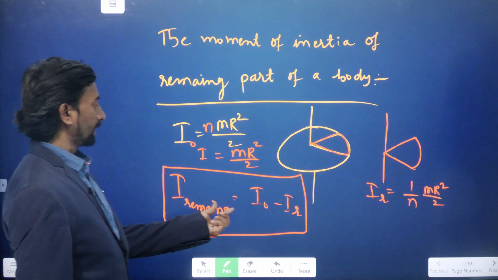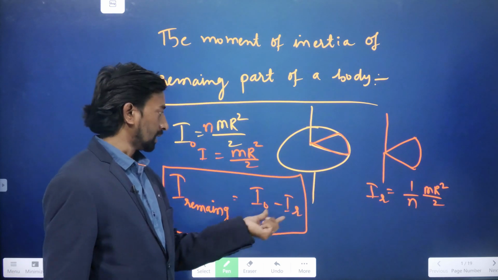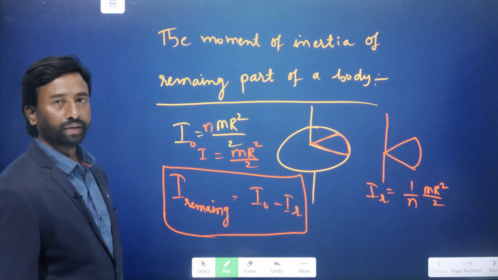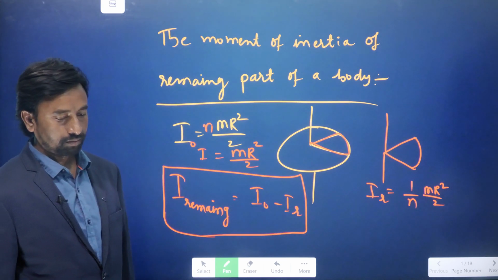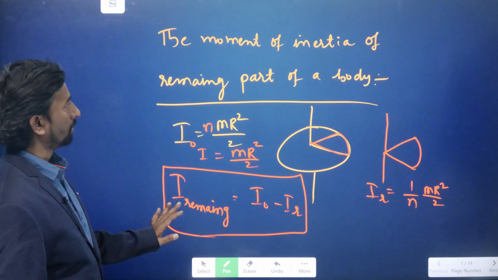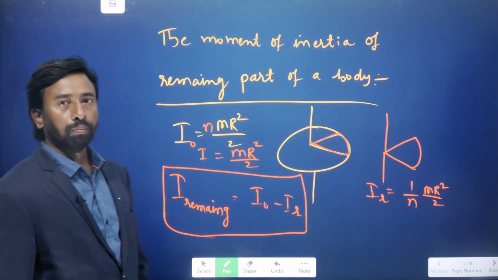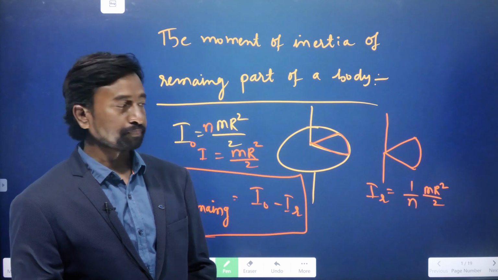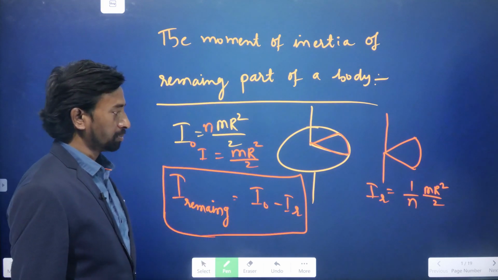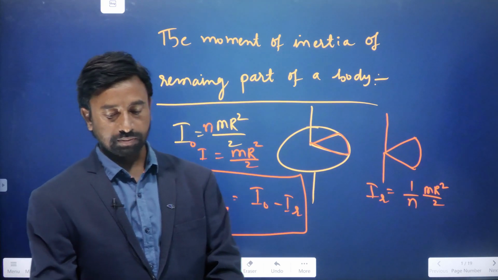Now if you subtract the removed part from this, we get the moment of inertia of the remaining body. By using this formula we find the moment of inertia of the remaining part of the body. This is in synopsis 3, and now we'll discuss synopsis 4.